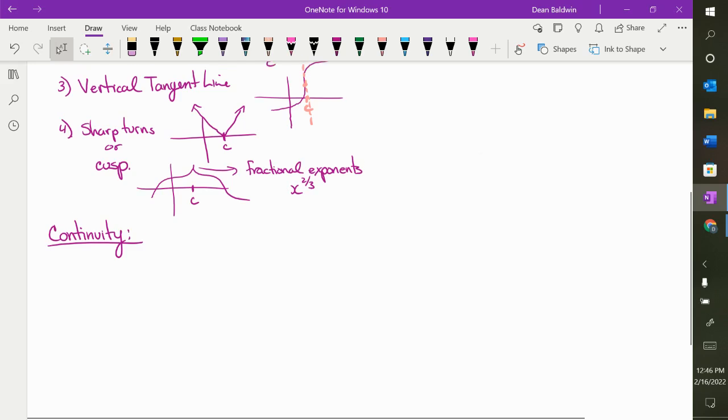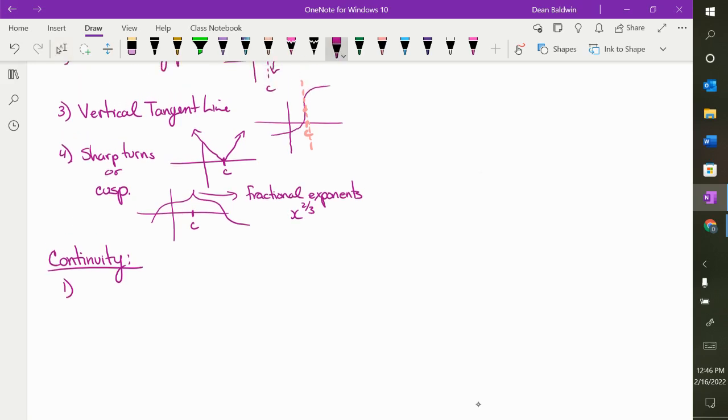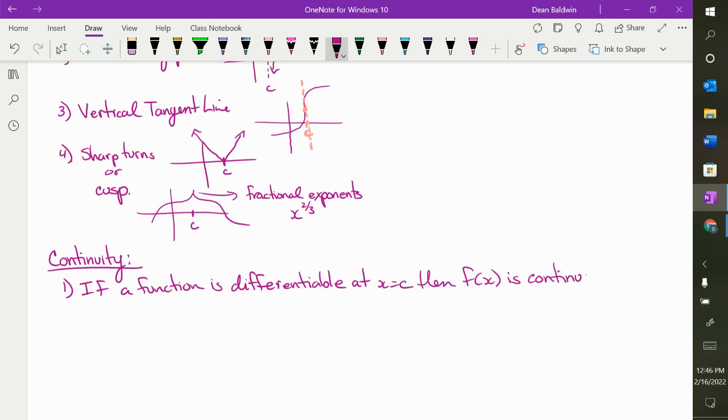So if a function is, the fancy word is differentiable, at x equals c, then f of x is continuous at x equals c.